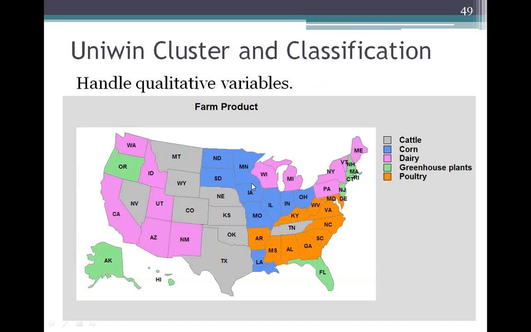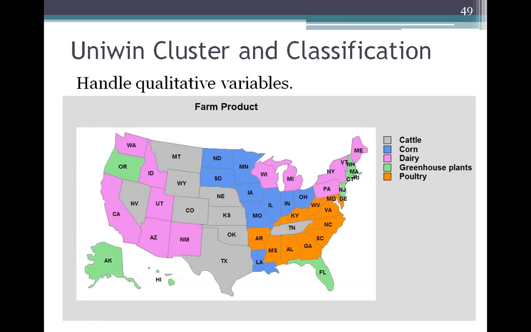One of the procedures that's quite helpful in Uniwin Plus right now is the ability to handle qualitative variables. As you've seen so far, everything I've been dealing with with respect to cluster analysis, classification, and so forth has been quantitative.